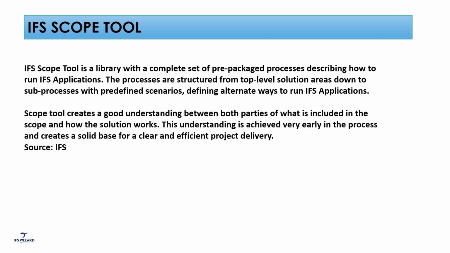Based on your resource availability and your budget, you can go for different phases. The scope tool defines what you're going to implement in phase one or phase two. Then it goes to a more detailed level as well. Let's say you want to implement the IFS finance module. Within the finance module, what are you going to implement, maybe general ledger, AR and AP. Maybe you don't want to implement the budget module in phase one, so you define that we are going to implement the budget module in phase two.